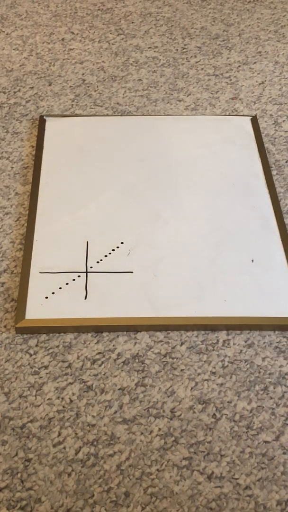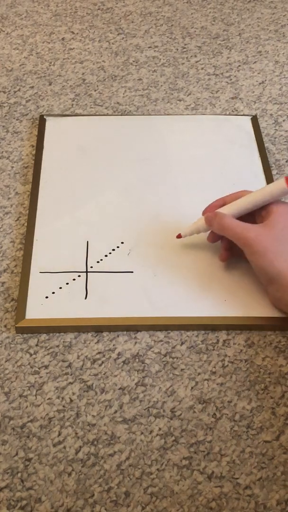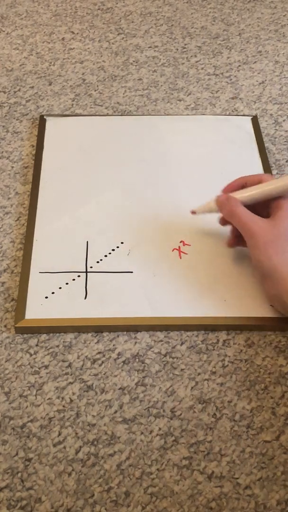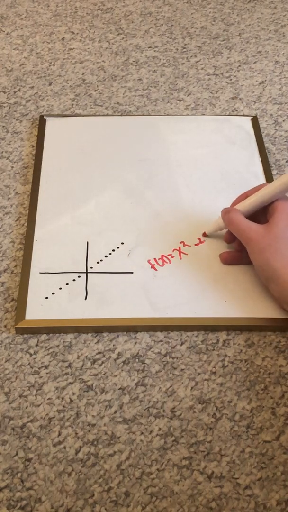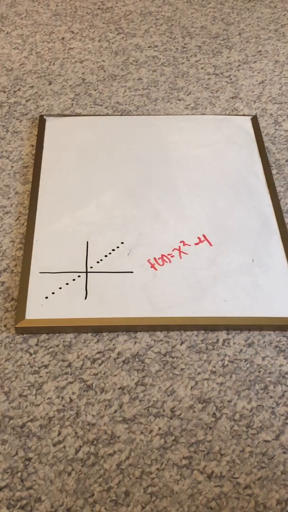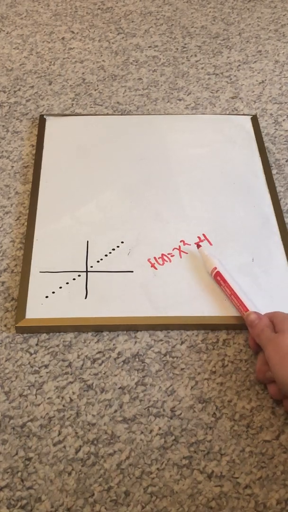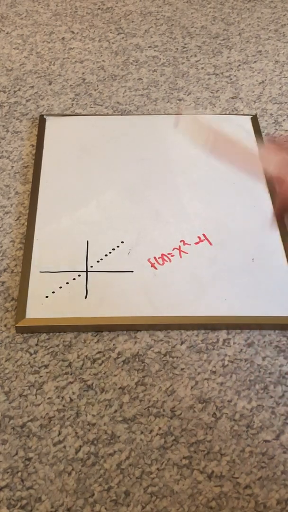For example, let's take the function f of x equals x squared minus 4. So we know that the squared makes this a quadratic function, so it's going to be a parabola.